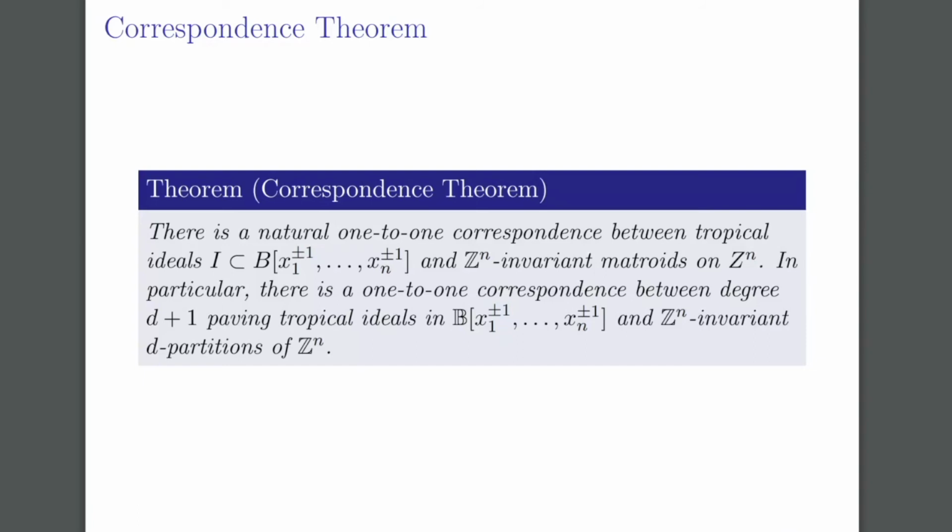So there's nothing deep going on here, but the consequences are great in that this implies a one-to-one correspondence between degree d plus 1 paving tropical ideals in n variables and Z^n-invariant d-partitions of Z^n. So instead of working with paving tropical ideals, I can just talk about Z^n-invariant d-partitions of Z^n, which are a nice combinatorial object. And it turns out we can do a lot with these things.